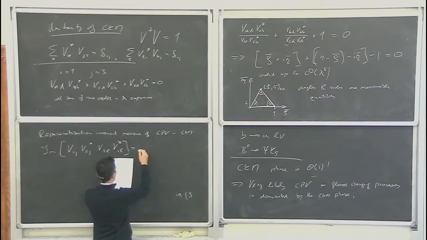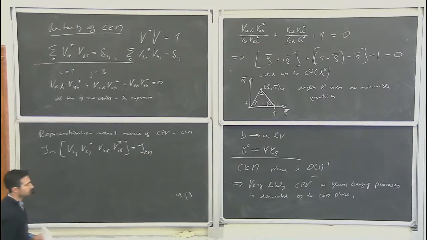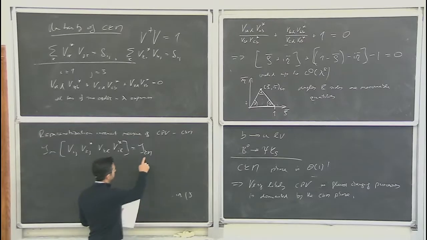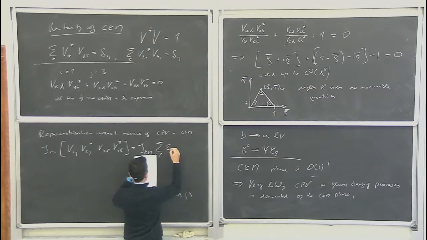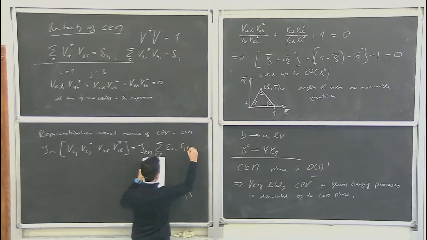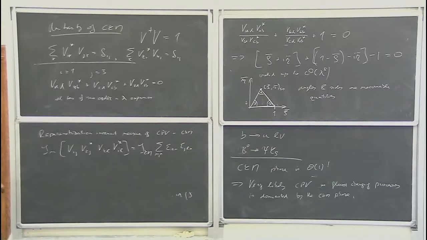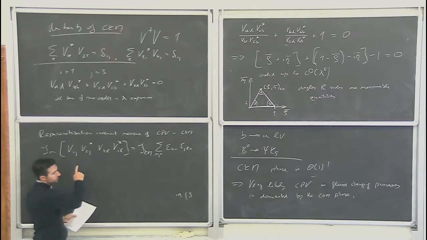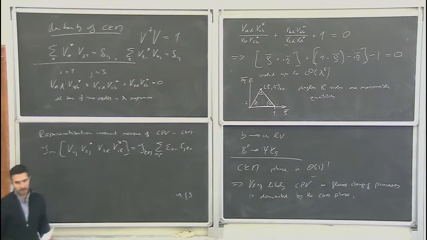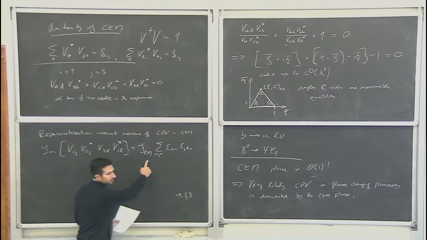This can be shown to be equal to a number, J_CKM, times a sum of epsilon_ikm epsilon_jln. Okay? And we can choose any i, j, k, l, n and we'll get the same number. Okay?